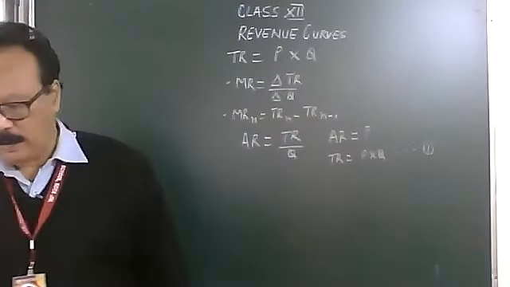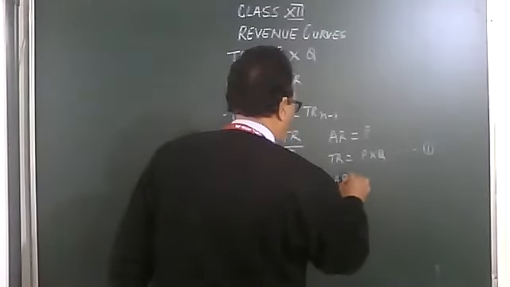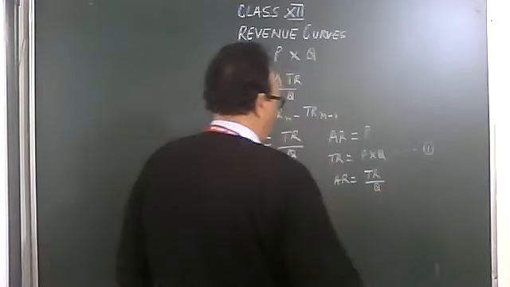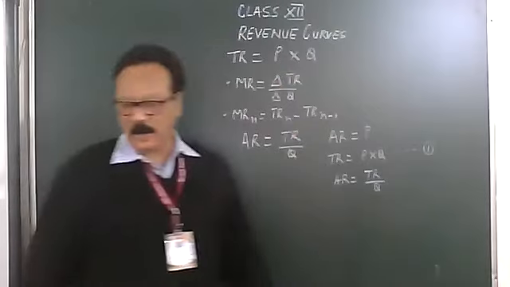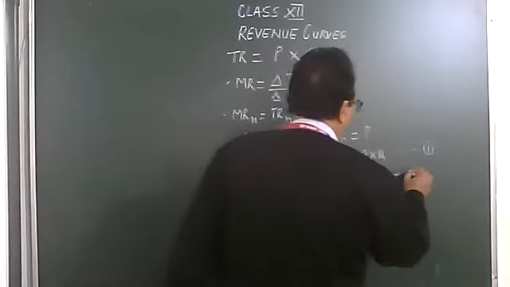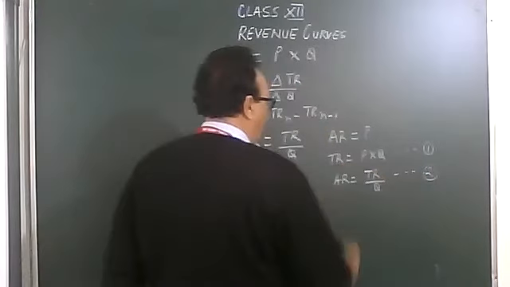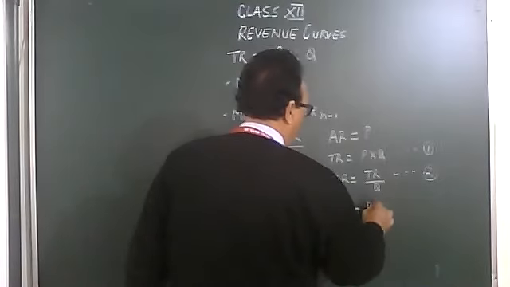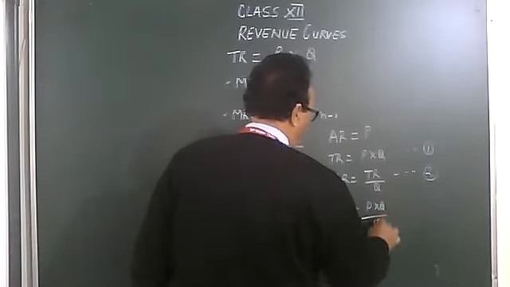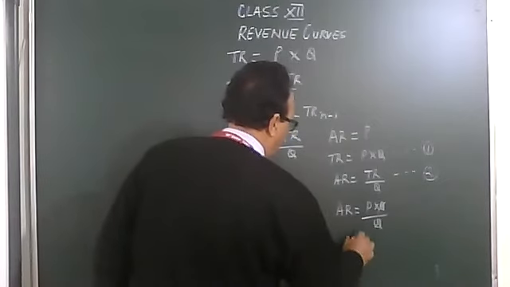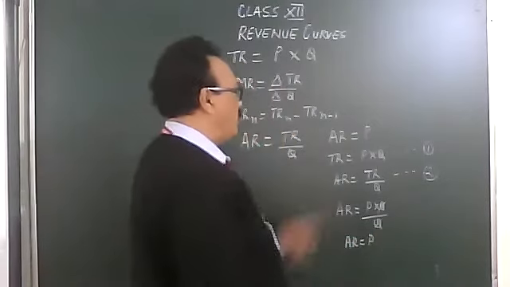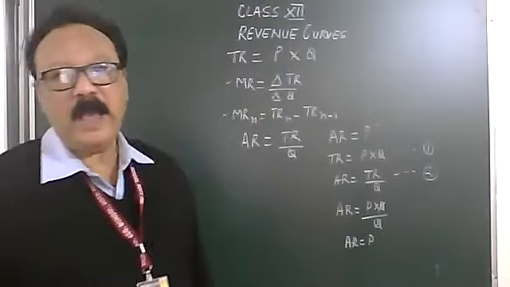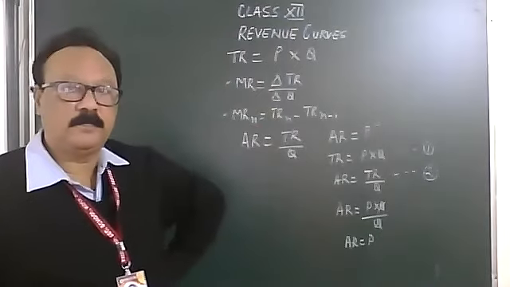And we know AR is equal to TR upon Q. Substituting the value of TR from the first equation, instead of TR we write P into Q upon Q, Q and Q cancel, AR is equal to P. So AR is also the same thing as the price.